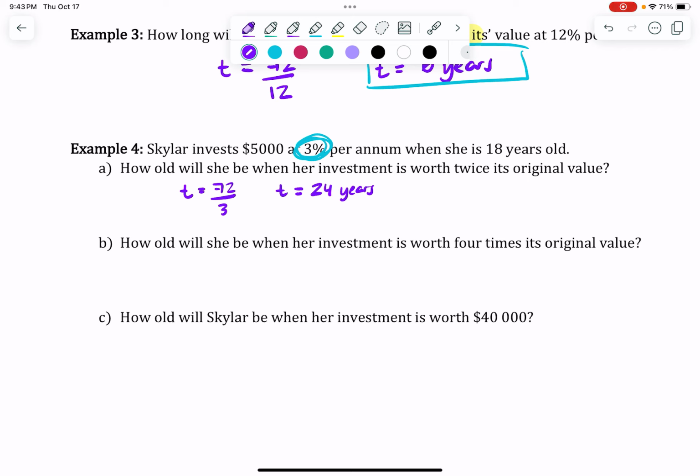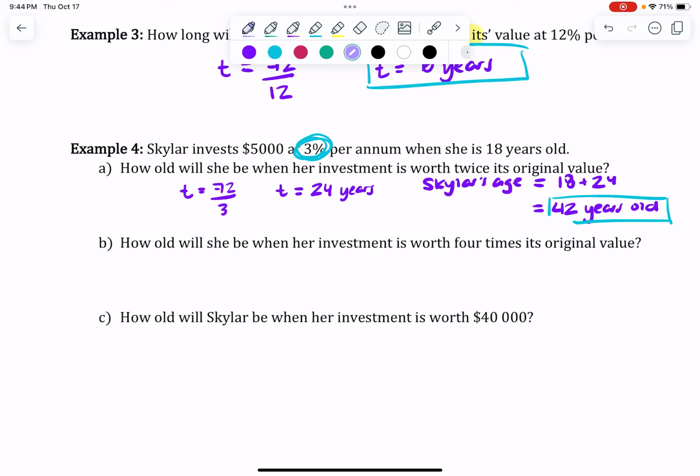It asked about Skylar's age, right? If it takes 24 years, and Skylar invested it when she was 18, then Skylar's age is going to be the sum of those two things. So 18 plus 24. Skylar's going to be 42 years old. Crazy times.